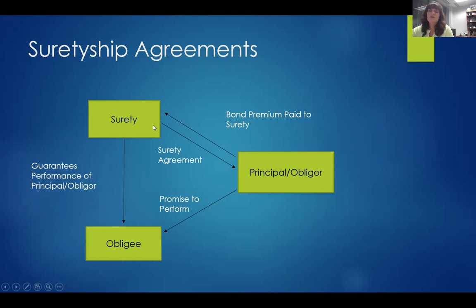In return, the surety for that premium is going to give them a surety agreement, which essentially guarantees the performance. So the guarantee is between the surety and the obligee, that if the principal doesn't do the work that was promised, they're going to make sure it's taken care of. But the original work agreement is between the principal and obligee. They're paying the surety to take care and provide that assurance, and the surety has an obligation to us to make sure that it's performed.